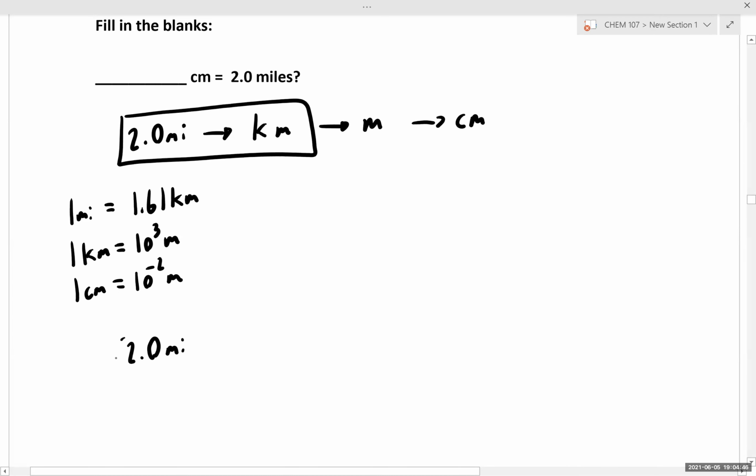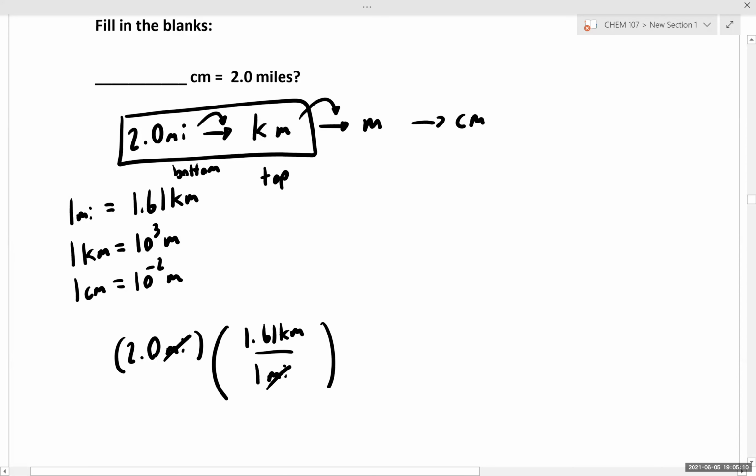So we have 2.0 miles. We're trying to go from miles to kilometers, so kilometers will be on top, miles will be on the bottom of our conversion factor. So we know that we have 1.61 kilometers per every 1 mile. Units of miles cancel.